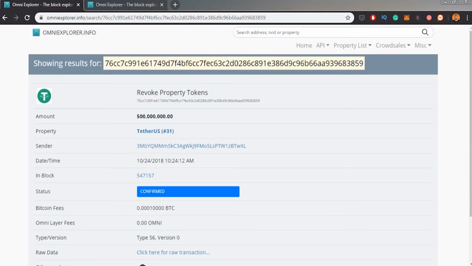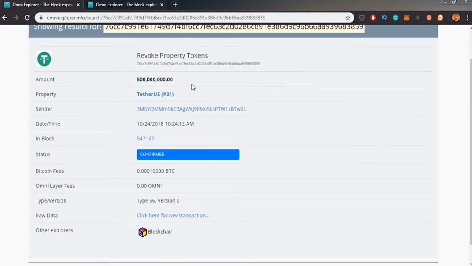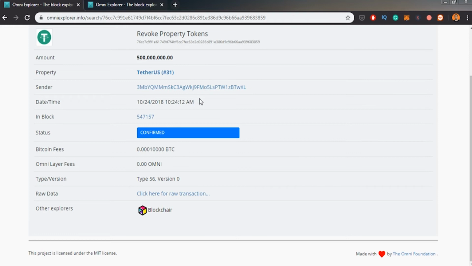Omni Layer has some weird properties, like you can freeze the token, so it's centralized. Every time somebody creates a token on Omni Layer, they can do whatever they want with it. If you create a token and airdrop it to 10 users, you can revoke access for these 10 users afterwards. It's built into the Omni protocol that you can do that.